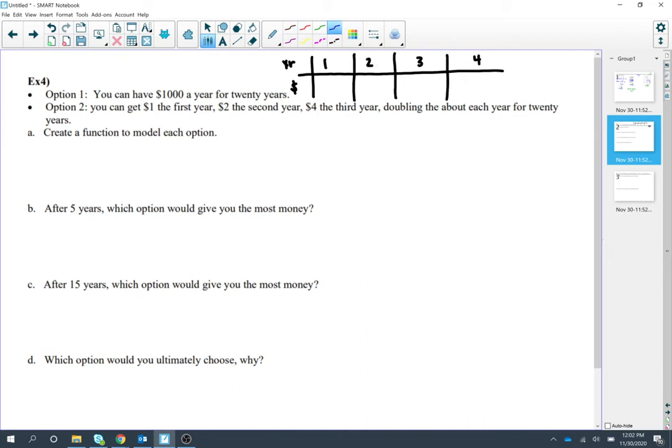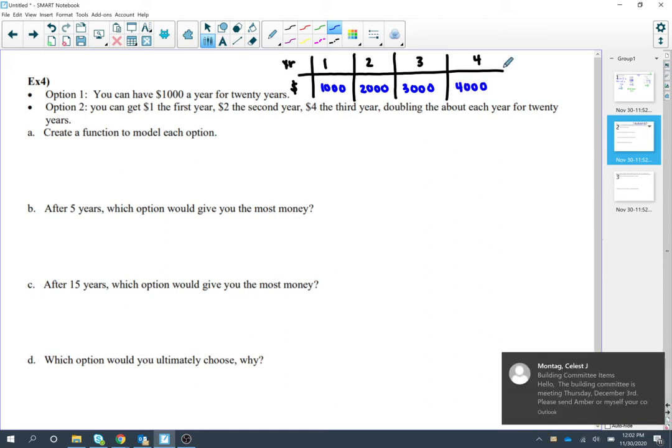Option 1, we get $1,000 the first year. Then it says we get $1,000 each year. So in year 2, I'm going to get another $1,000, which means now I'm going to have $2,000. Then I'm going to get another $1,000, which means I'm going to have $3,000. And then another $1,000, which means $4,000, etc.